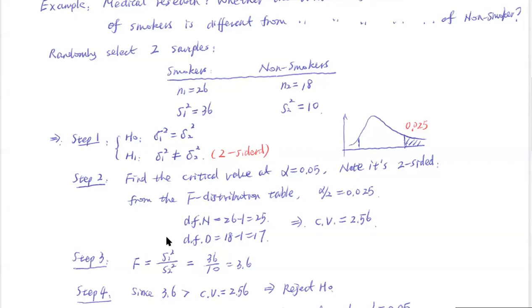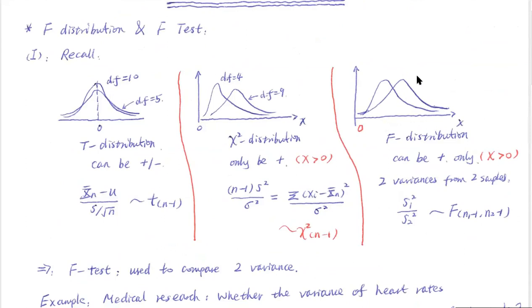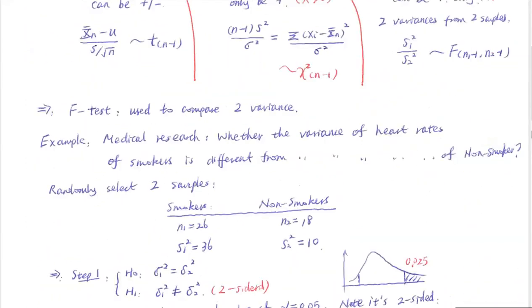Here, we are using the F test. The formula here is the F test formula. That means we are using the F distribution table. Everybody, what does an F distribution table look like, right? We showed you before what the curve for the F distribution looks like. Now for the table, what's that?